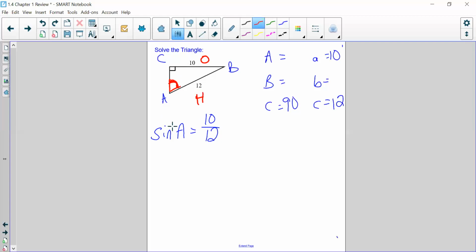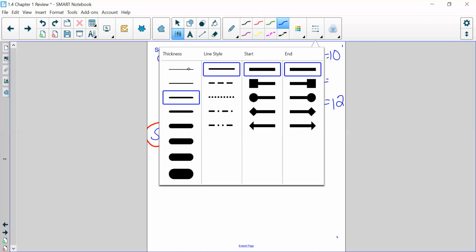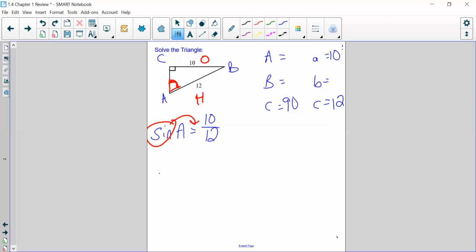Now, I have to isolate for my variable. So A is going to be sine -1 of 10 over 12. I'm just going to plug that right in my calculator. I get 56 degrees, 56.44.